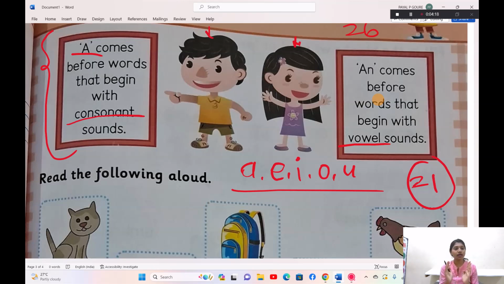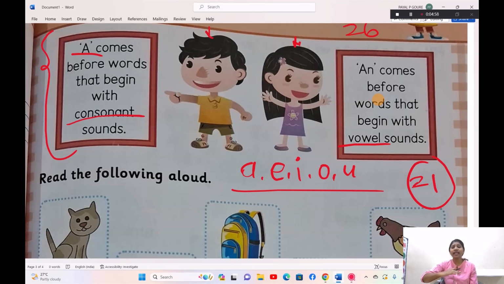If suppose ball, B is the consonant letter. Cat, C. Any word which starts with a consonant letter, a consonant sound, there we will use a.